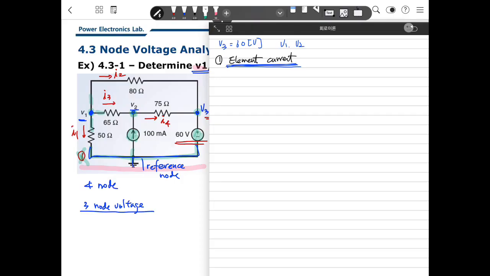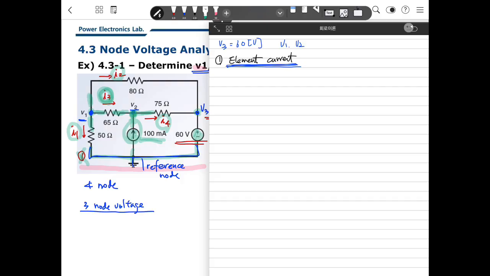So we need to define the current to make a KCL here. So we define this current as I1, this current as I2, and this current as I3. And to make a KCL, this way is I4, and this way is defined by the current source. So we don't need to define the current here. So that's the reason we have to define the element current.